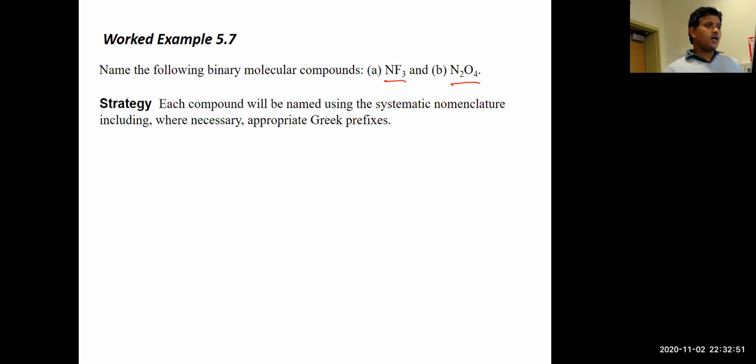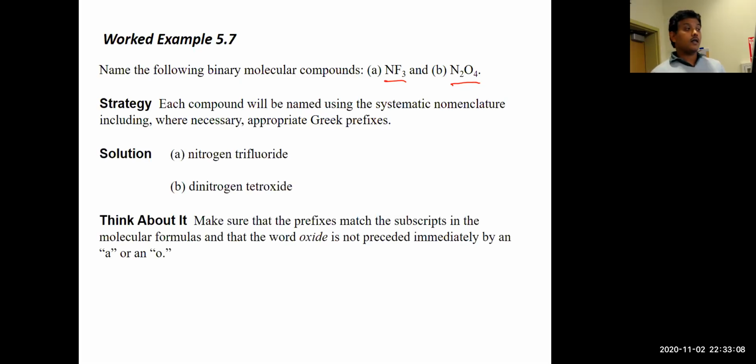And the second molecule, N2O4, there are two nitrogens, which means you should be using the Greek prefix di in front of nitrogen, and the Greek prefix in front of oxygen should be tetra, so it should be dinitrogen tetroxide, right?